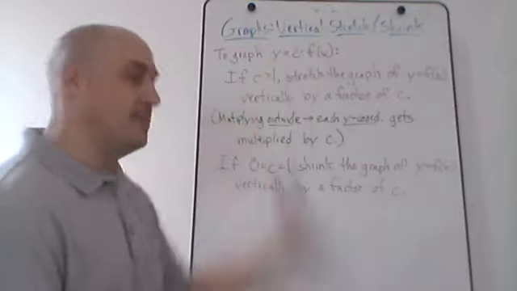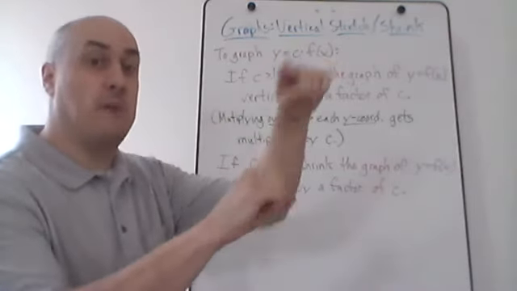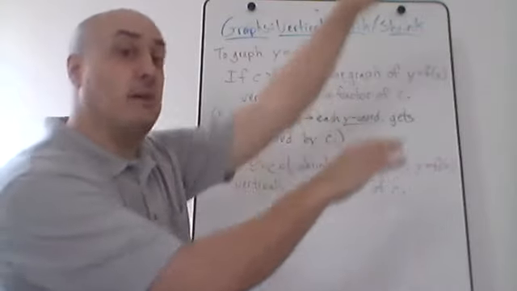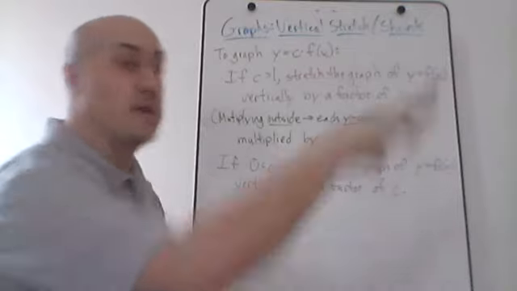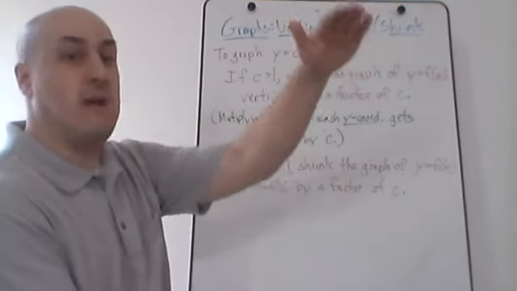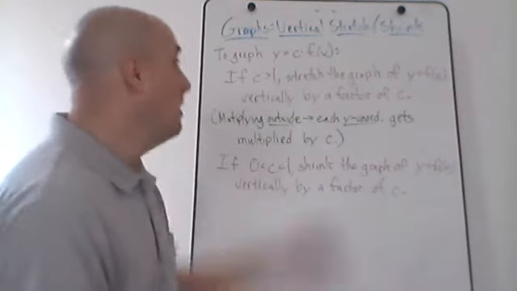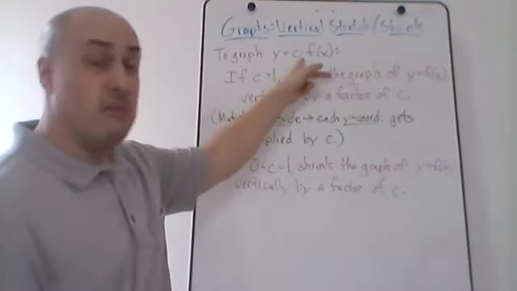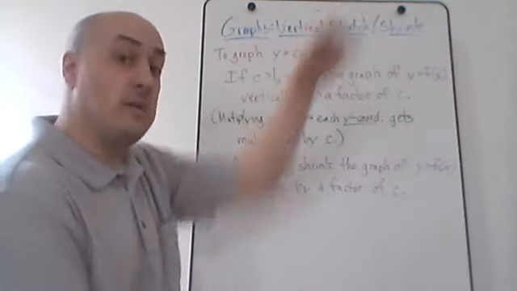Let's say c is 2, and I'm graphing 2 times f of x. If each of my y coordinates gets multiplied by 2, that's going to stretch out the graph. Each one is getting bigger by a factor of 2, so it stretches the graph out in that vertical direction, because everything is now twice as tall as it was before. If I multiply by 3, everything is 3 times as tall as it was before, and it stretches the graph out even further.